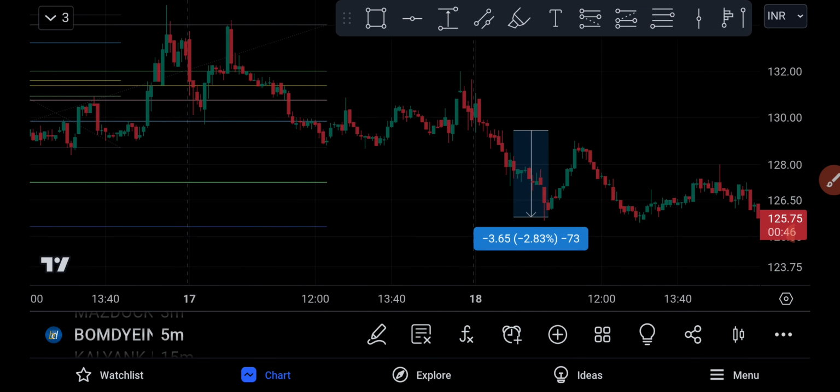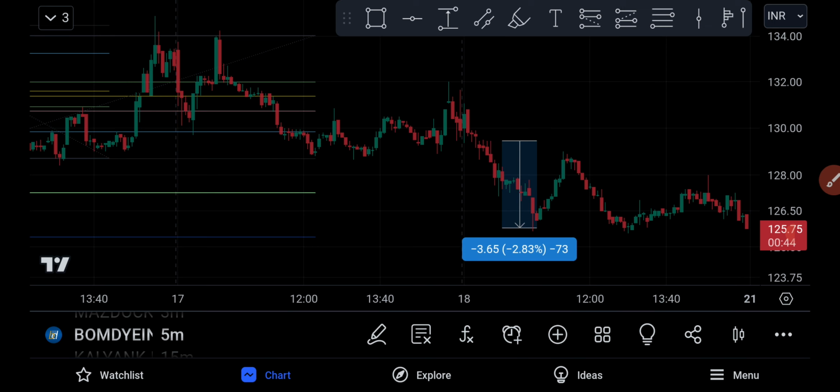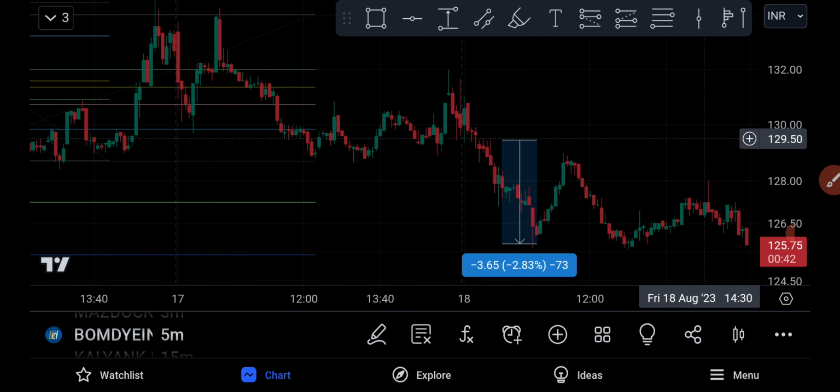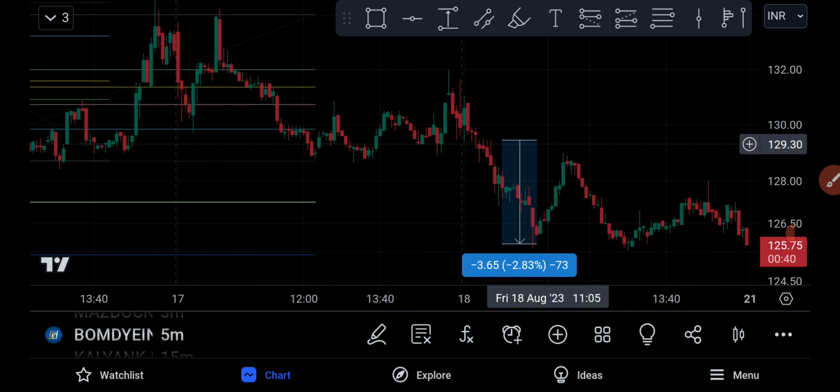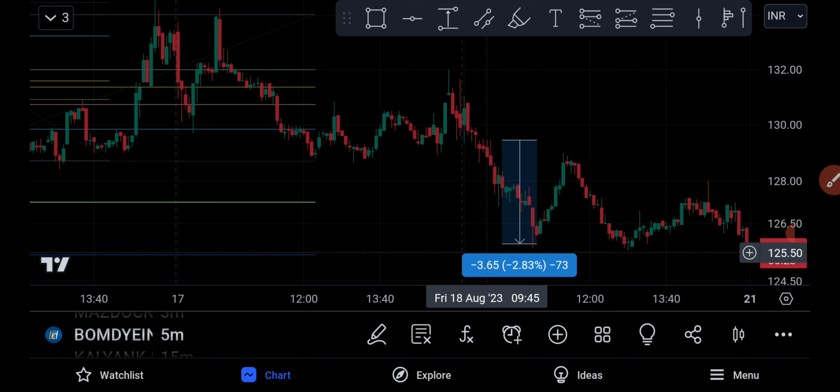And here again, Bombay Dyeing. Yes, we could enter here because there is no sort of pullback or something. I mean, see, now 2-3 candles are over here, 4-5 candles. After 4-5 candles you can enter in any of them. So you could have made good profits.